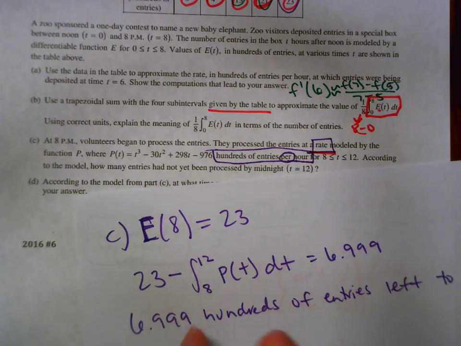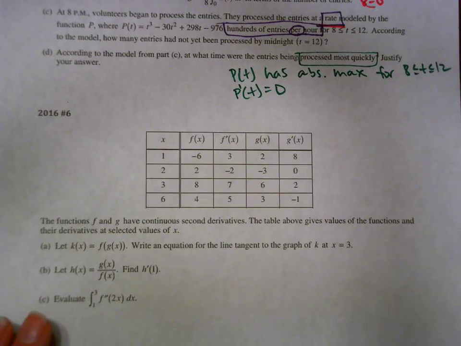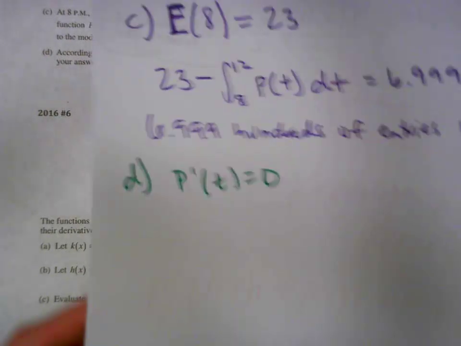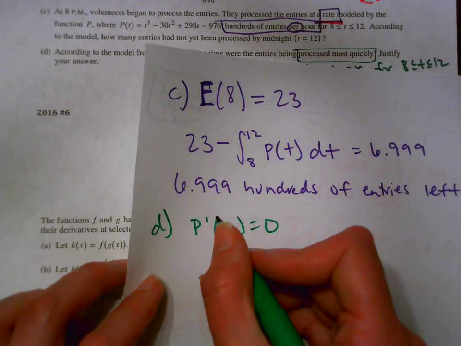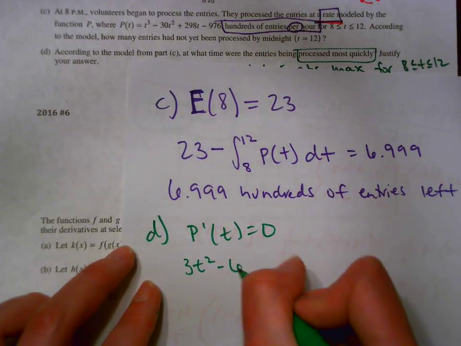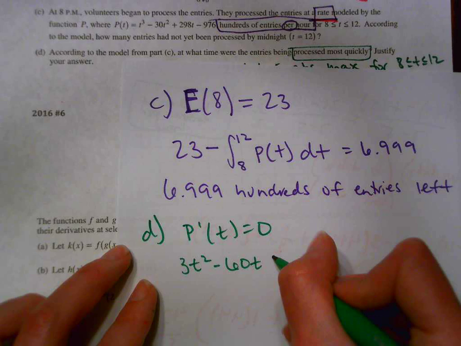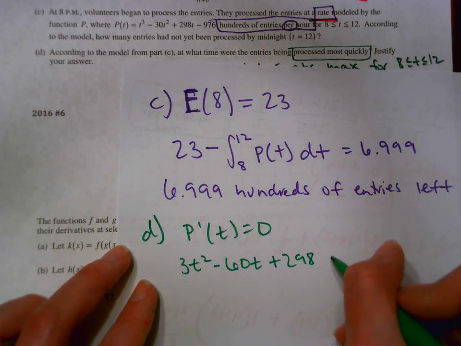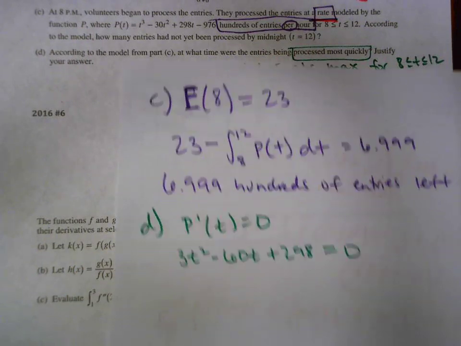So we're going to first find when P prime of T equals 0. So what's the best way to do this one is I would go ahead and get what is P prime. It's pretty easy, and set it equal to 0. So P prime of T would be 3t squared minus 60t plus 298. We want to know when that equals 0.